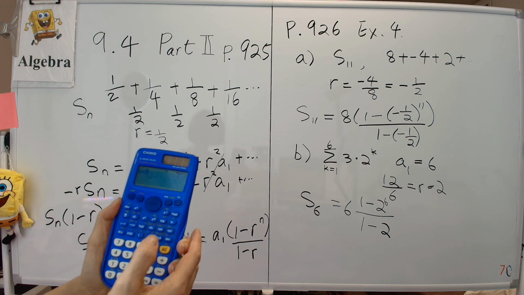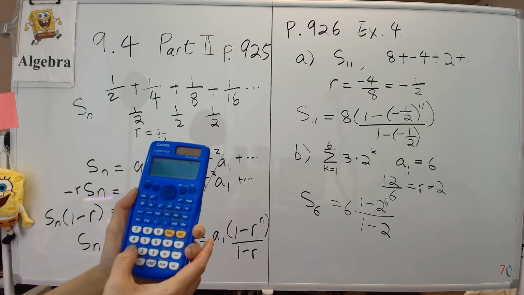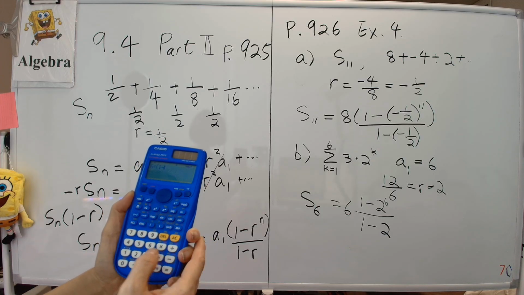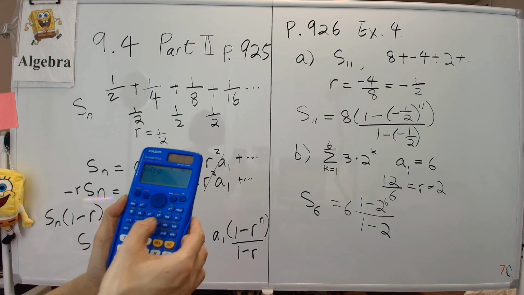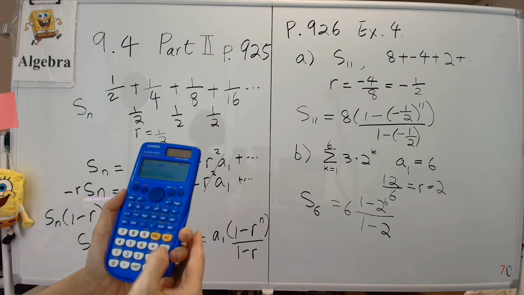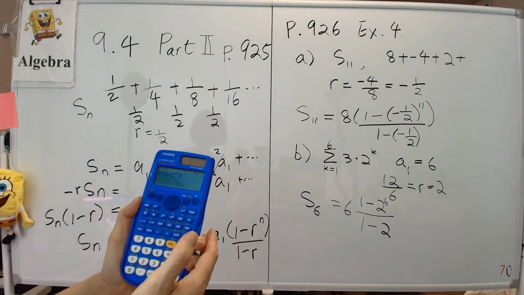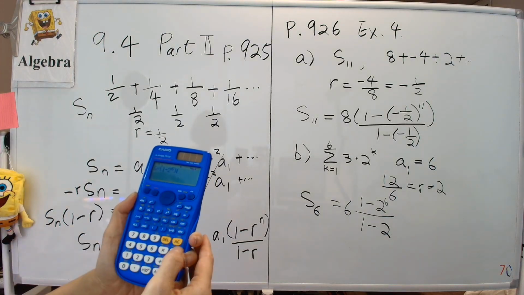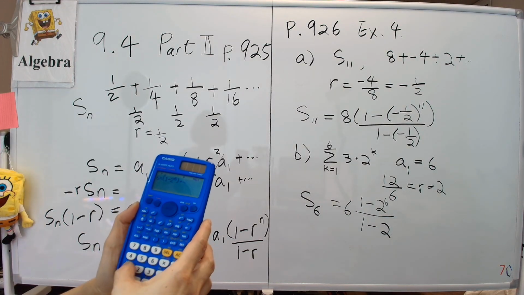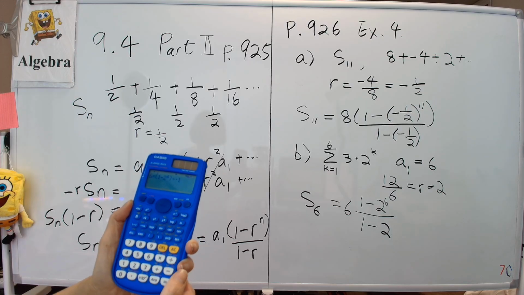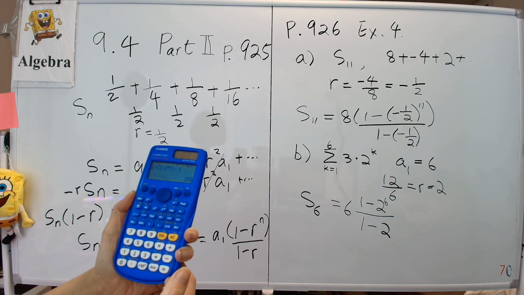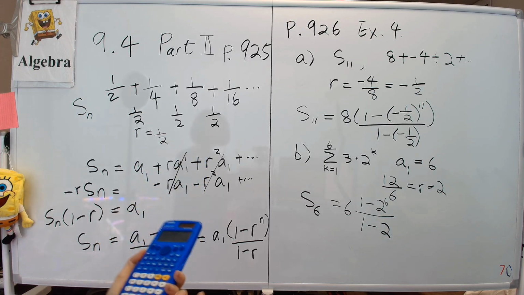Sometimes it doesn't matter, but let's type it in for now. 1 minus 2 to the power 6, and then get out of the power and close parentheses. That looks okay. Then divided by negative 1, because 1 minus 2 is negative 1. That should give us the number 378.